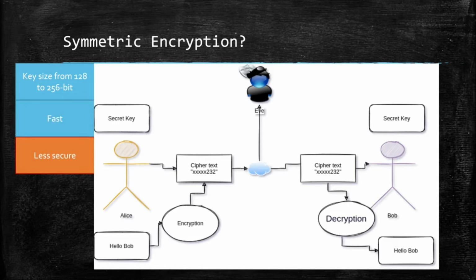But it's less secure. Imagine if Eve is able to get the secret key. He will be able to decrypt all the messages coming from Alice to Bob or from Bob to Alice without any hassle.